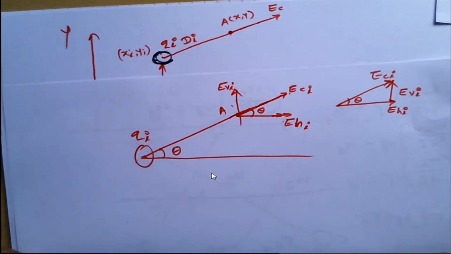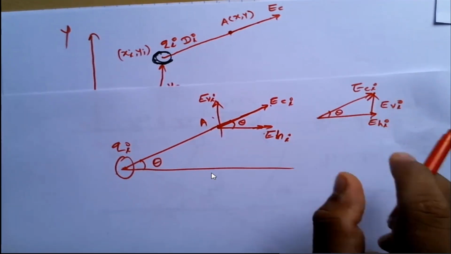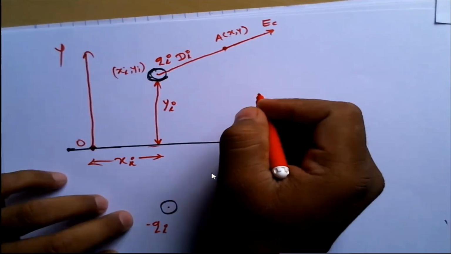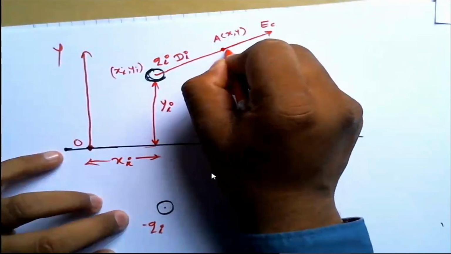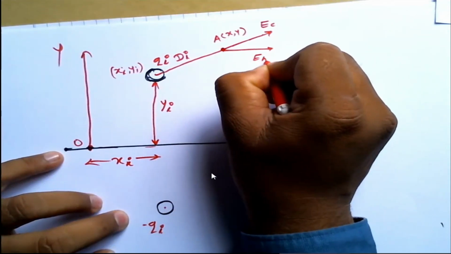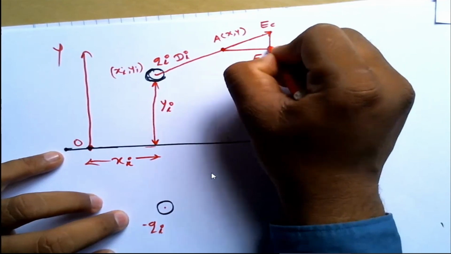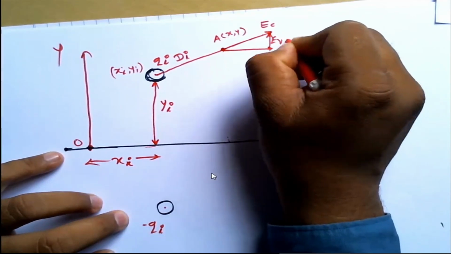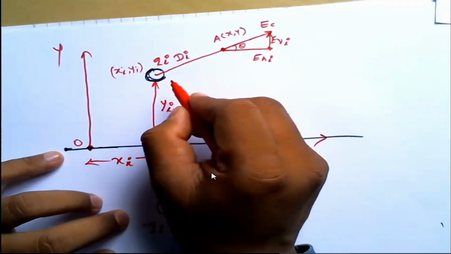Okay, so here based on this concept, as I told you, the electrostatic field at this point, it is divided into two components. One is a horizontal, which is called as EHI, and another is a vertical component, which is EVI, as this angle is theta.